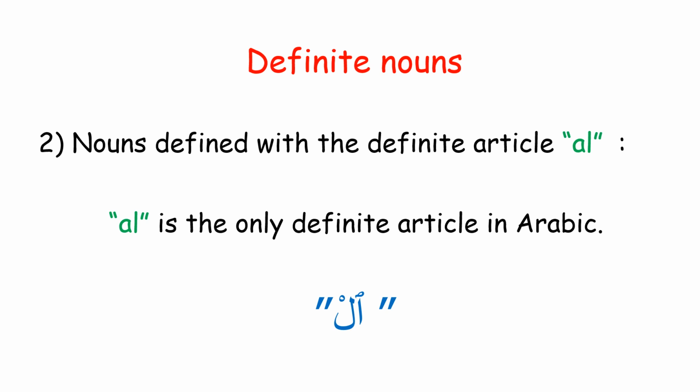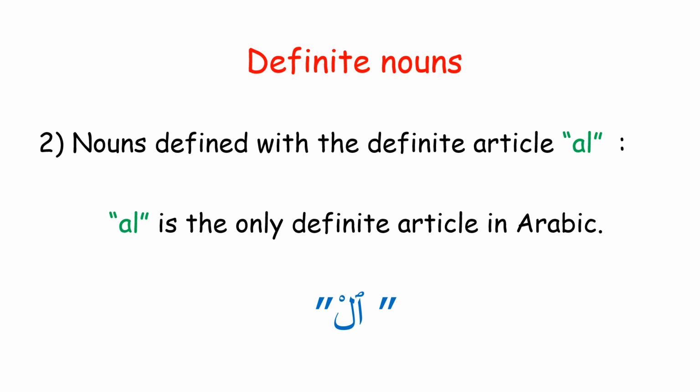Al is the only definite article for both singular and plural form. Even though we didn't study the plural form yet, just keep that in mind. And by the way, the dual form is included too. Right, back to our topic. So, al is the only definite article in the Arabic language.